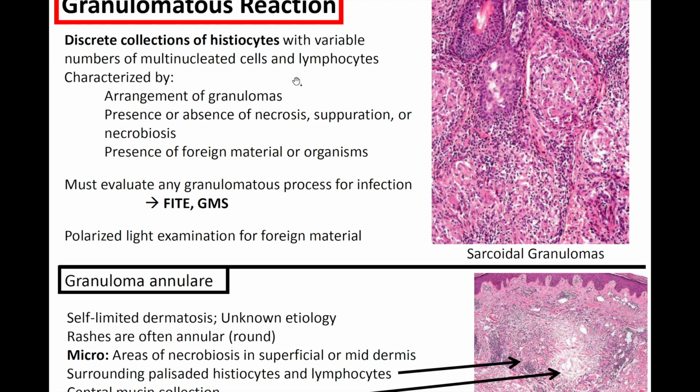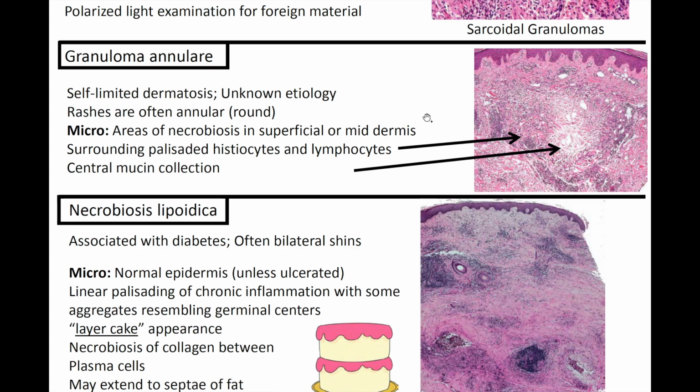You must evaluate any granulomatous process for infection with PAS or GMS. And then you can use polarized light examination for foreign material to see if that's what's causing the granuloma. And on the image here, these are sarcoidal granulomas that you would see in sarcoidosis.